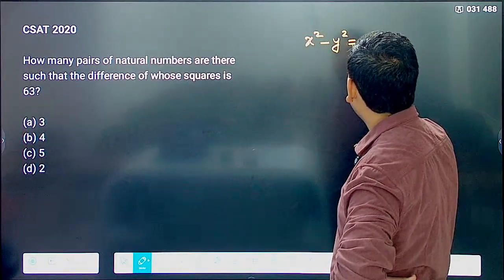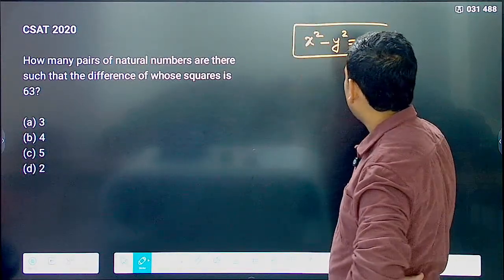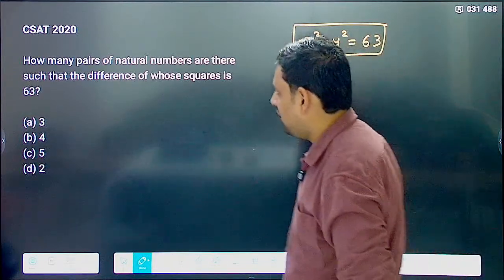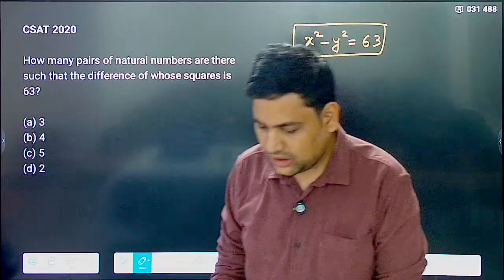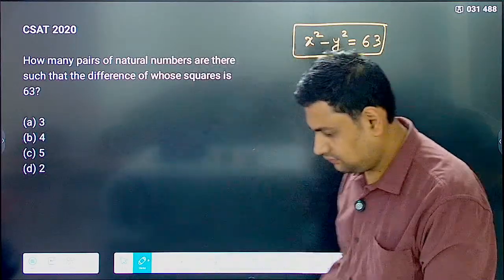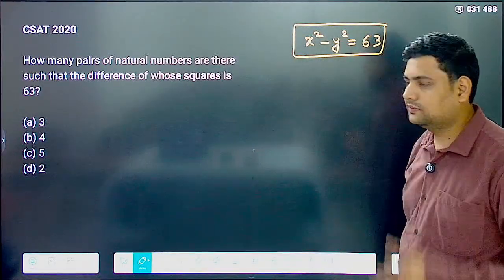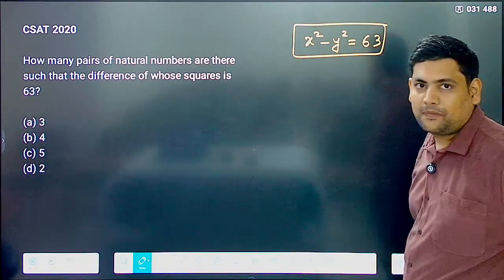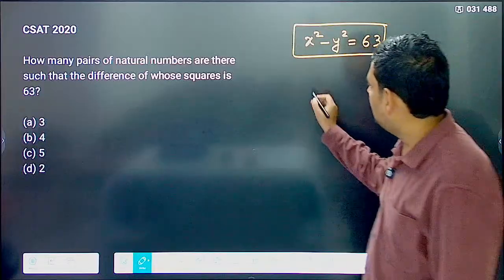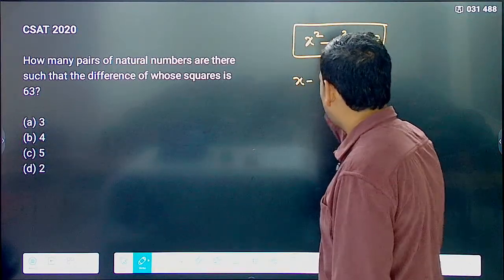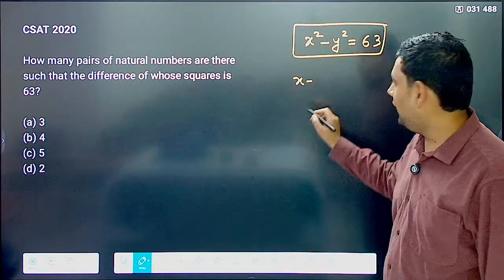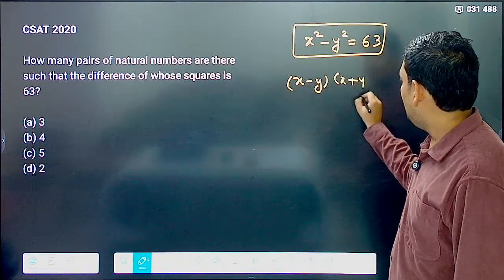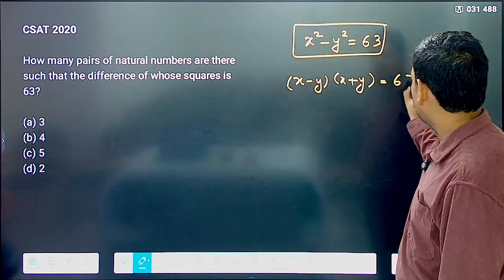How many pairs of natural numbers are there such that the difference of whose squares is 63? Now, first thing, you see something like this. So you write x square minus y square. X square minus y square is x minus y into x plus y equals 63.